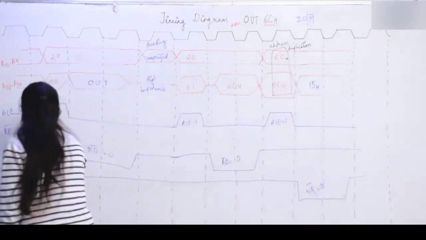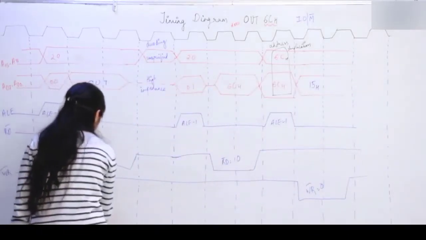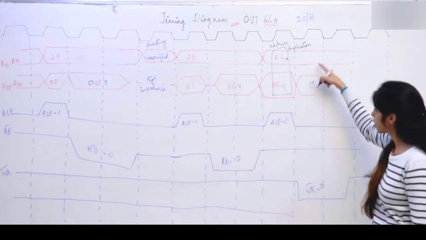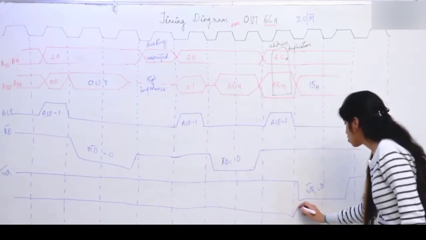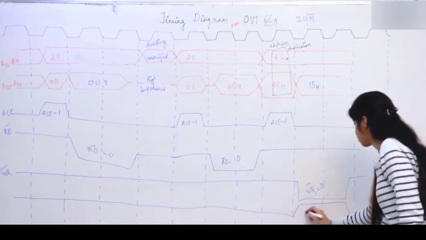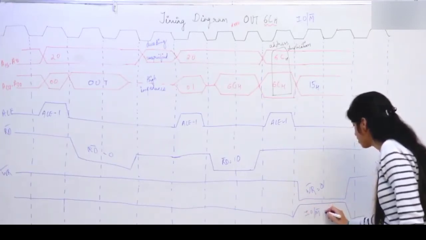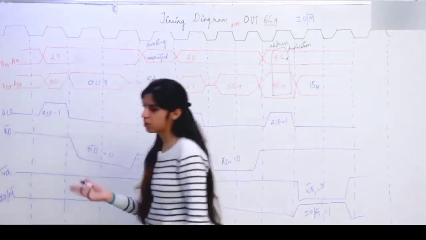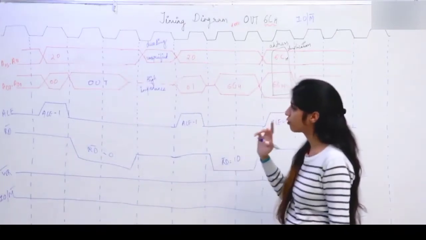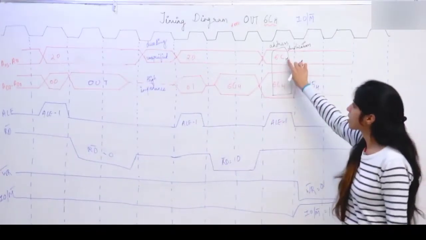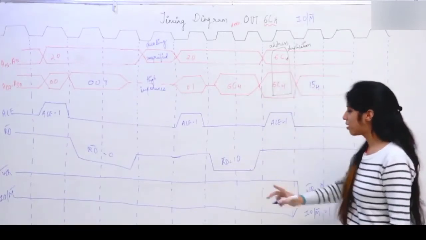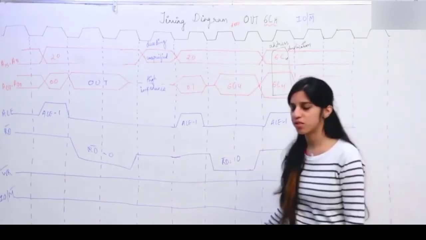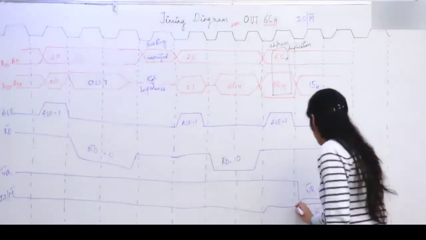For all this duration this pin has been low, but here when you want to write to an input output device, you make this pin 1. We are going to make IO/M bar 1 here. So there are only two things that are different from other instructions. One thing is address duplication takes place in input output read write, and the other thing is you have to make this pin IO/M bar 1 to write or read something from the input output. This is going to be 1 here.